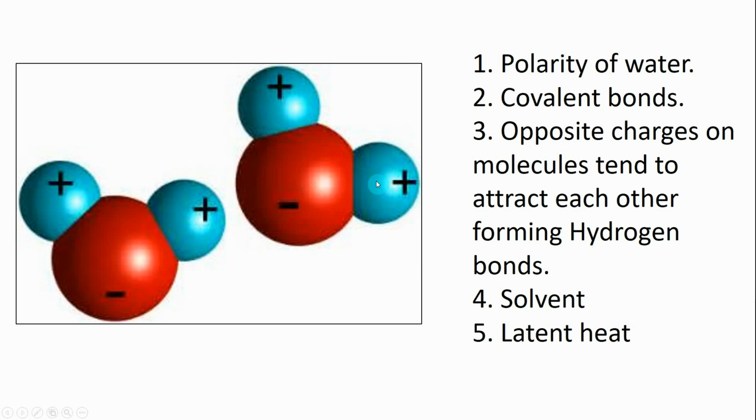second type of bond that is important for water is a hydrogen bond. So the hydrogen bond is between two molecules. The positive hydrogen from this water molecule will form a hydrogen bond with the negative oxygen on this molecule. So you've got covalent bonds within the molecule, and those covalent bonds are very, very strong. And this is going to be very important later in photosynthesis.